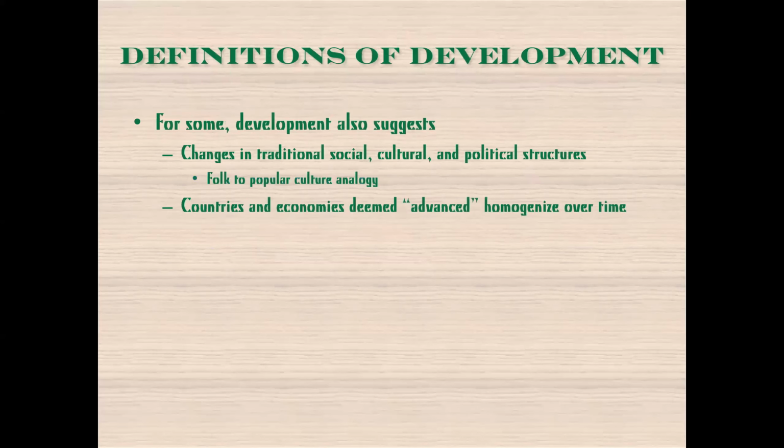For some, development also suggests changes in social, cultural, and political structures: freer, better voting, less corruption. Again, you could argue for and against any of these, but while there's plenty of corruption in the U.S., let's not kid ourselves, it's less corrupt because there's many things that are in place to help prevent some of it.